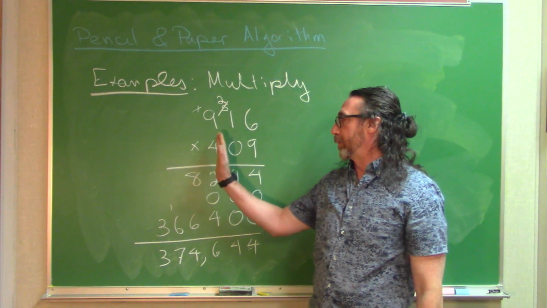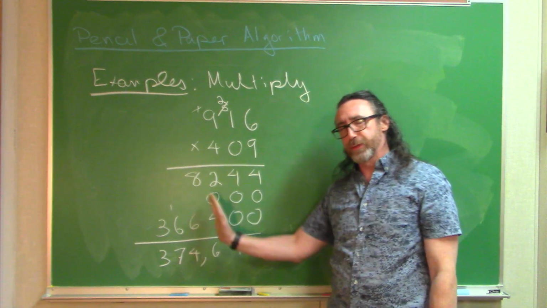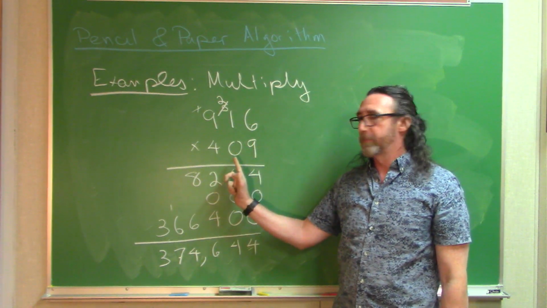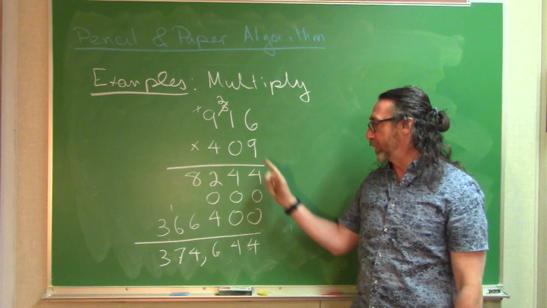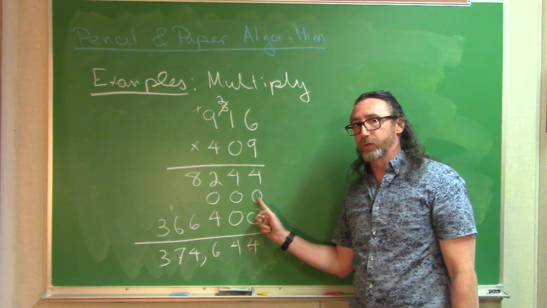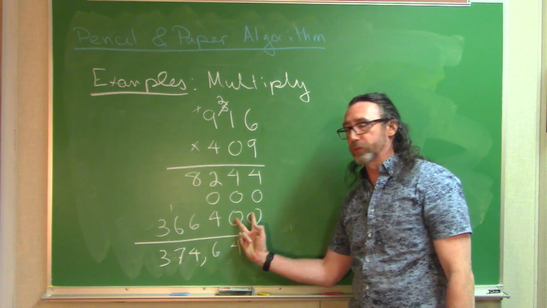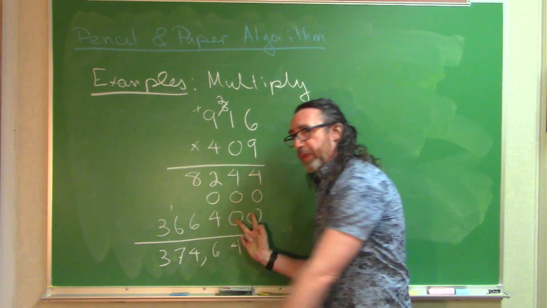And remember, this is just a reminder of how we shift everything over when we're multiplying by higher places. The ones place, we start right here. The tens place, 1 placeholder 0 and start here. The hundreds place, 2 placeholder zeros, and we're starting there.